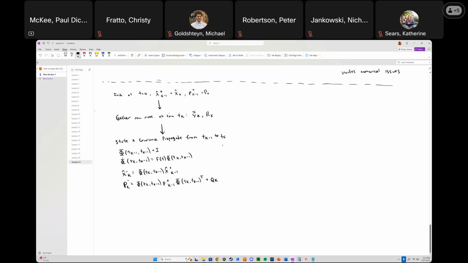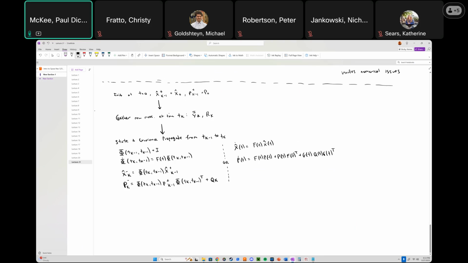And then I'll say, or you can use the ODE int method, which would look like x dot of t is f of t x of t, and then p dot of t is equal to f of t p of t plus p of t f of t transpose plus g of t q of t g of t transpose.